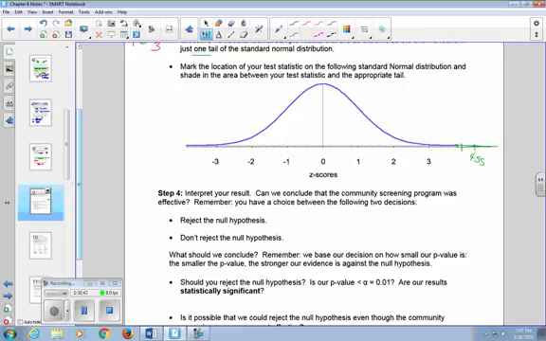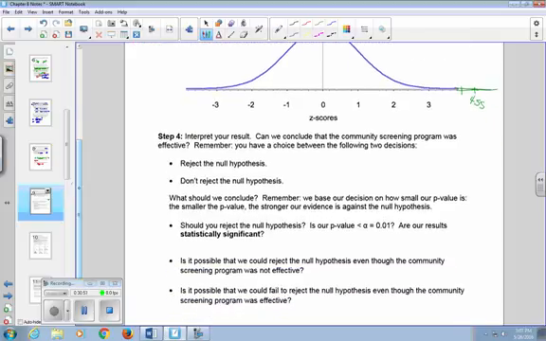Remember, we base our decision on how small our p-value is. The smaller the p-value, the stronger our evidence is against the null hypothesis. So should we reject the null hypothesis? Is our p-value less than alpha equal to 0.001? Our p-value, making sure I get the right number of zeros, is definitely less than this significance level. So we should reject the null hypothesis.